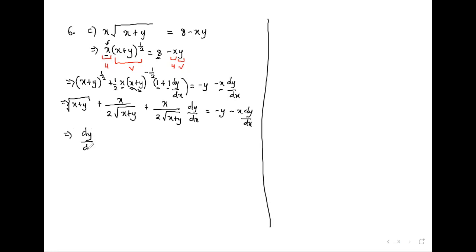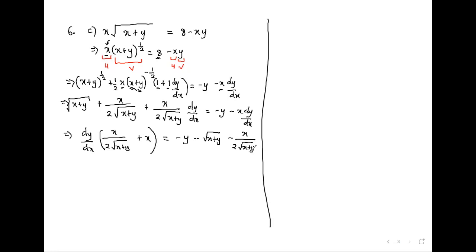So dy dx is equal to, so if I push the one on the right to the left, then I'm going to have x over 2 root of (x plus y) plus x is equal to minus y minus the root of (x plus y) minus x over 2 root of (x plus y).